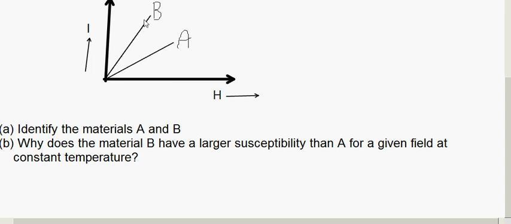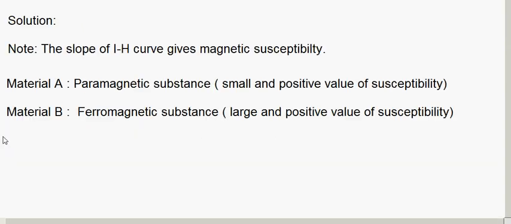The value of I is more for them for the same value of H. If you take any value of H here, the value of I for B will be greater because they get strongly magnetized. That way you can write.